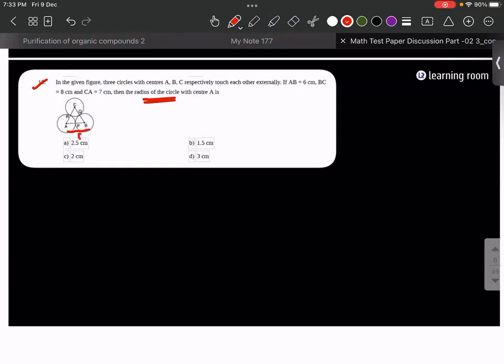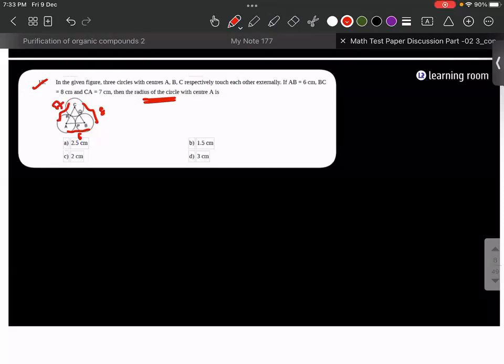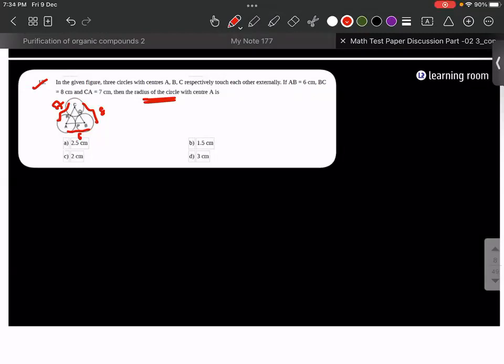AB is given as 6, BC is given as 8 and CA is given as 7. Then the radius of the circle with center A is. Actually, they should have given the radius. Let's take this diagram.